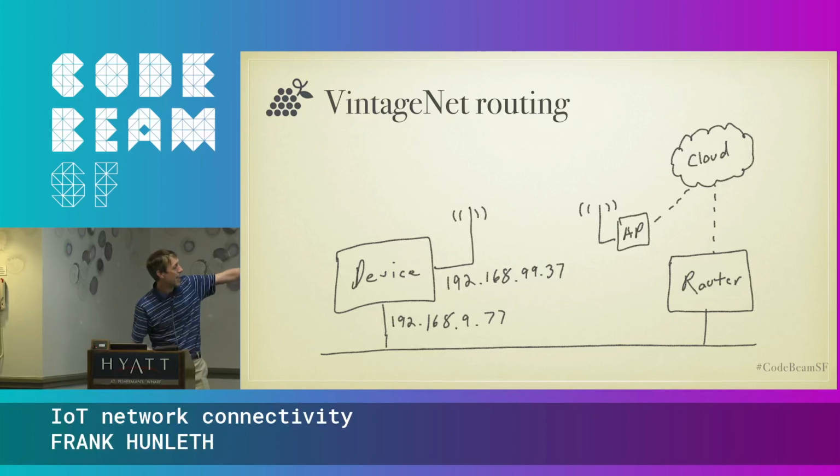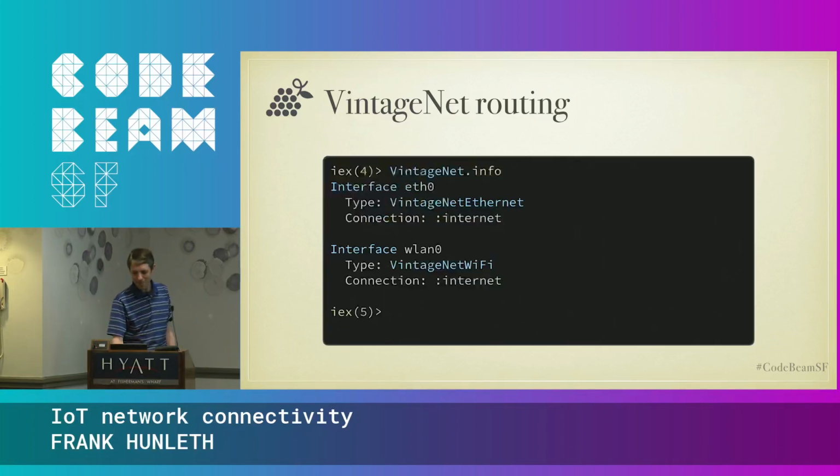I have the device doing Wi-Fi right here in the drawing, but you could also imagine this being a mobile and wired Ethernet setup where the device just wants to connect to the cloud, and it's going to switch to the cheapest interface. The cheapest interface would be Ethernet in this case, and the Wi-Fi would be considered more expensive because it's either flakier, or if it were mobile, it would actually be more expensive.